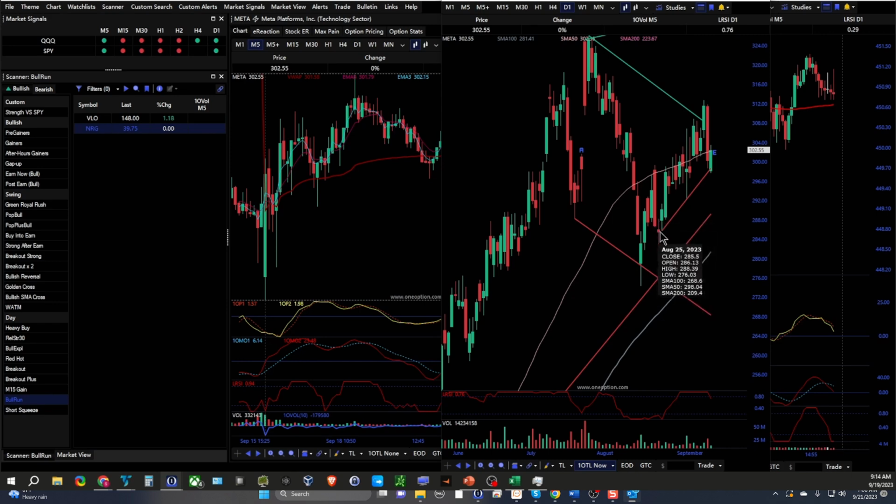This is a ridiculous candle. It opened at 286.13 and tested a $10 move down, bounced off from that, and ended up closing $9 from the low. That is huge. So I trust this support level now. It's been tested twice.